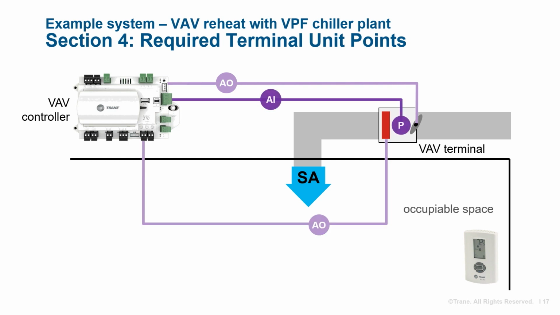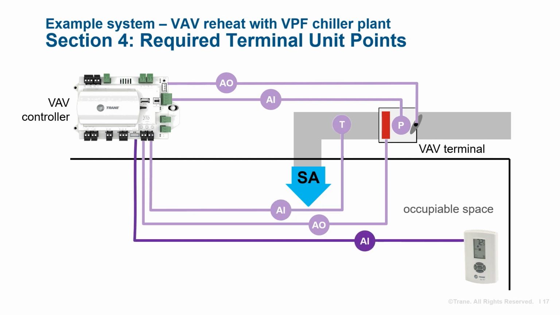Next, we have feedback as an analog input from the differential pressure transducer reflecting airflow in the terminal unit. The last 2 points are discharge air temperature and zone temperature from the zone sensor, both analog inputs to the controller. Each of these 5 terminal points had an R in the table, meaning they are required to implement the basic sequences of control outlined in the guideline.